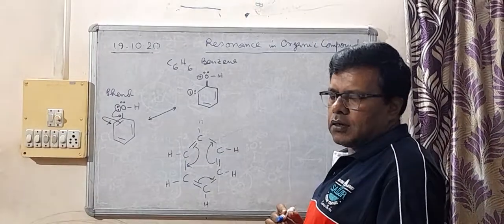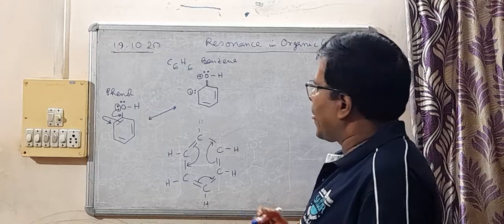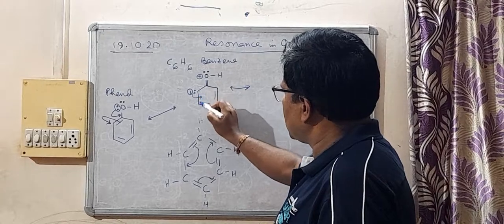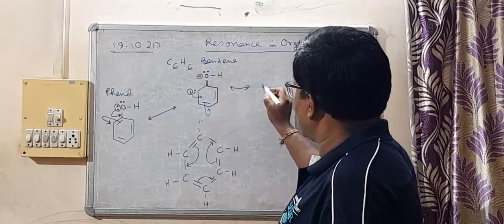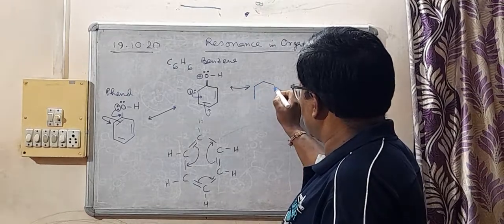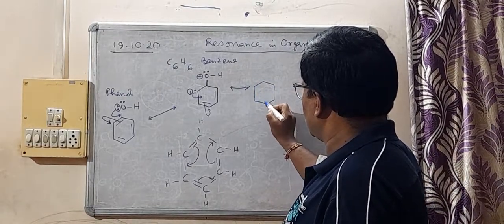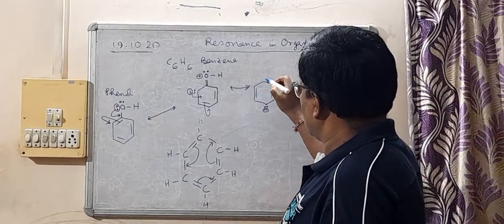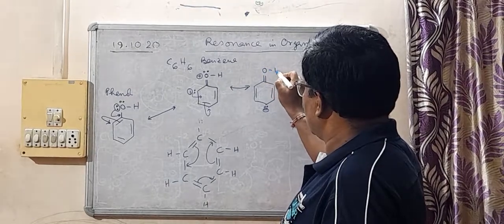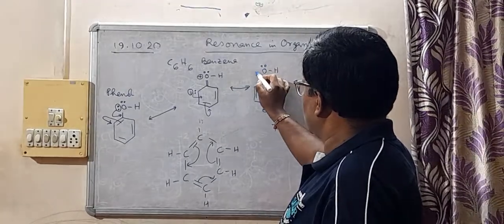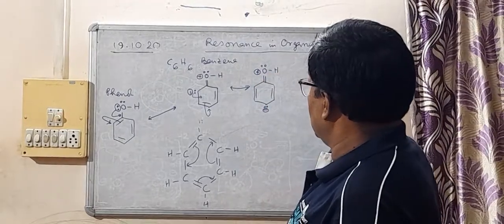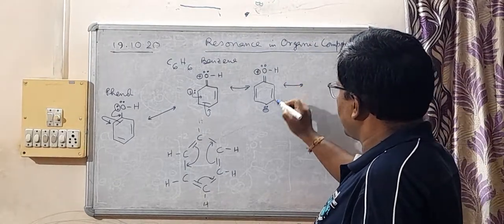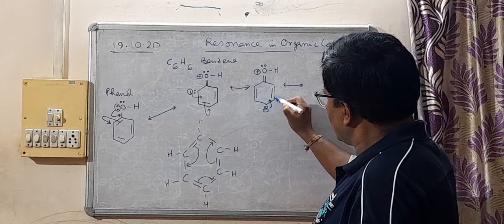So this is the first resonating structure we are getting, and subsequently what will happen is this one will come here, this pi bond will break, will come over here. Same way. Next, these 2 electrons will form a pi bond here.